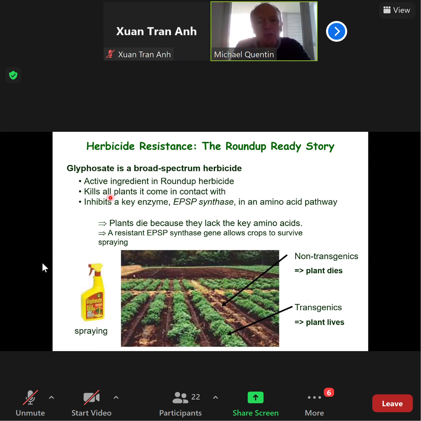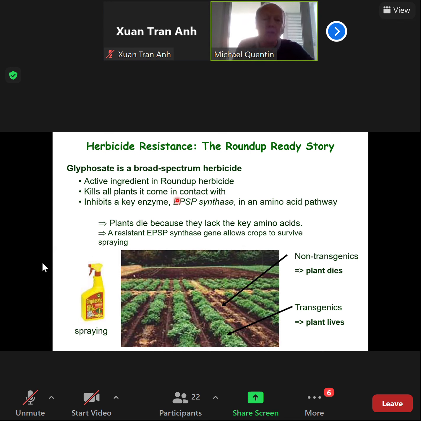And here is another example. It's the same example, but what this slide is showing is how the herbicide proceeds to specifically keep alive the crop with a GMO plant. So glyphosate is what we call a broad spectrum herbicide, meaning that it will kill any kind of plant.